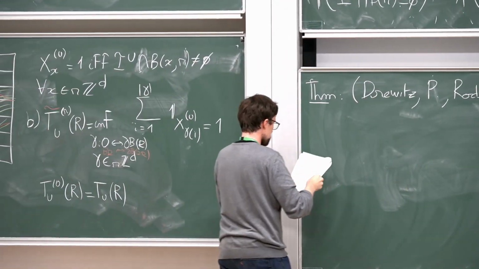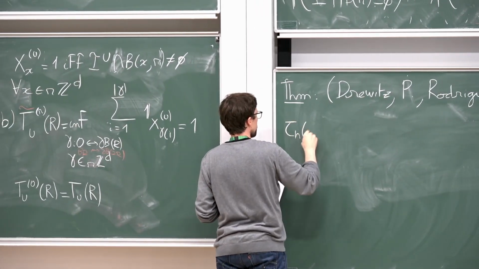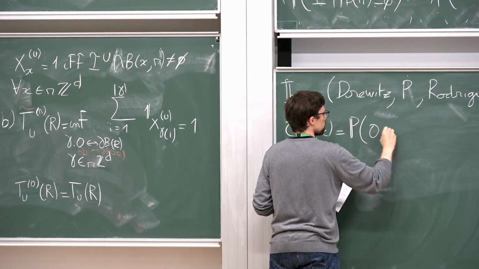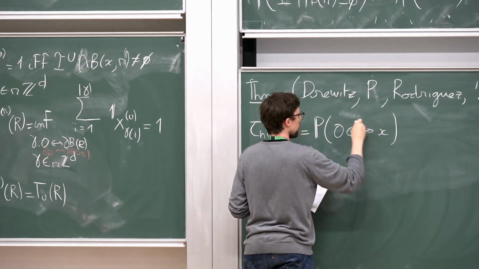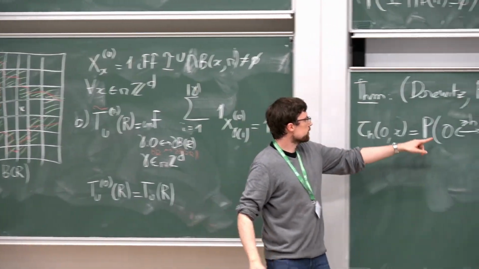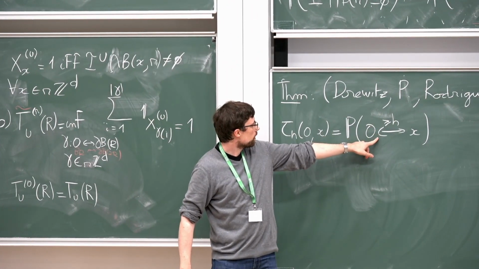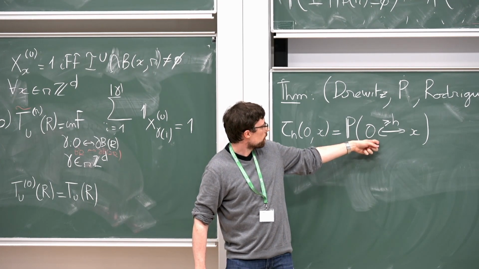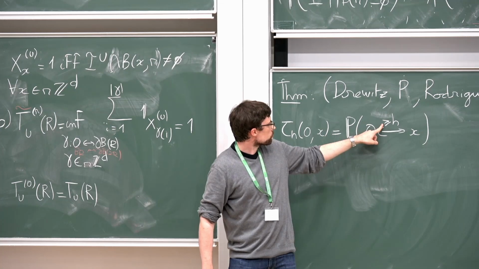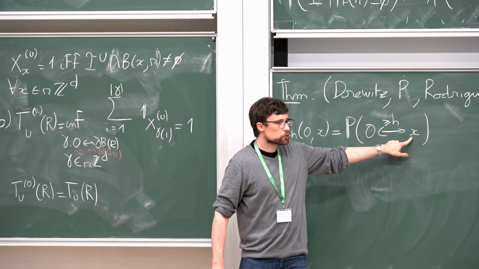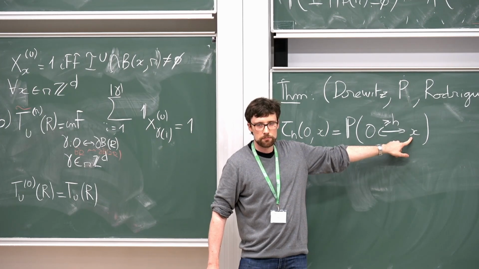And what you can show is that, let's call it tau h of 0, x. This is the probability to have a path from 0 to x in your Gaussian free field level set. More precisely, this is the Gaussian free field level set on the cable system. So what this means, you have a Gaussian field, okay, and you look at all your points where your Gaussian field is larger than h, and you ask, is there a path from 0 to x where my field is larger than h?